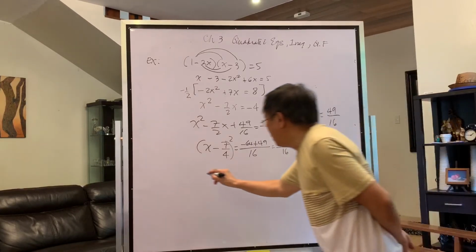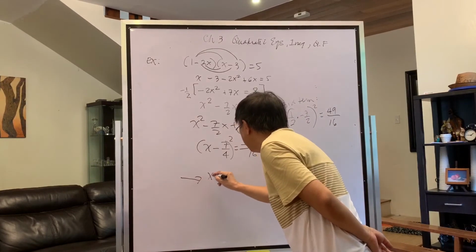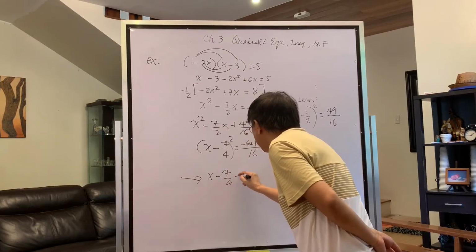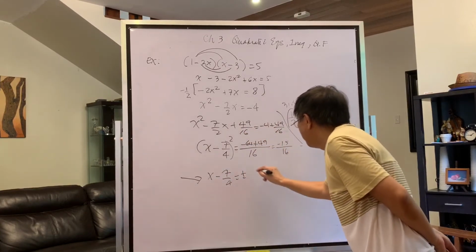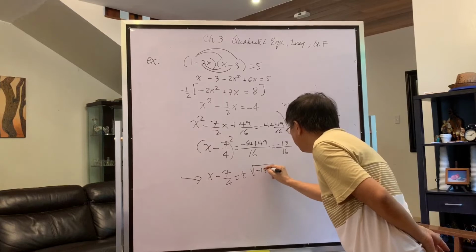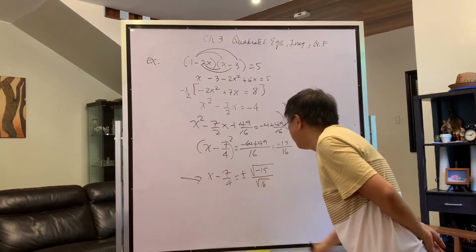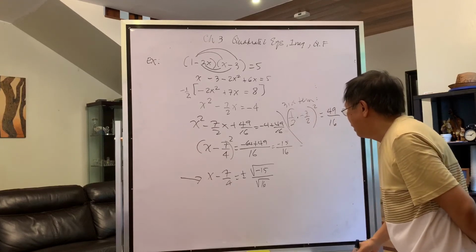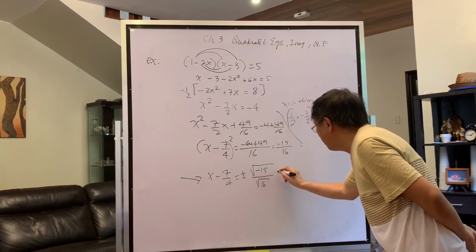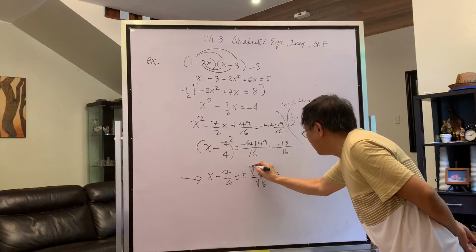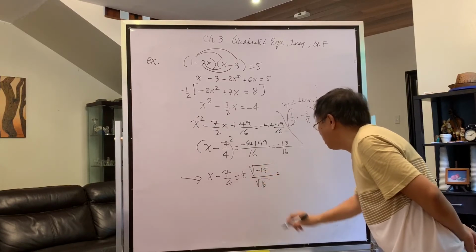Okay? Extracting roots, I will now get x minus 7 over 4 equals plus or minus square root of negative 15 over square root of 16. And I can simplify this again. Remember that this is an even exponent. The negative there becomes an i squared.